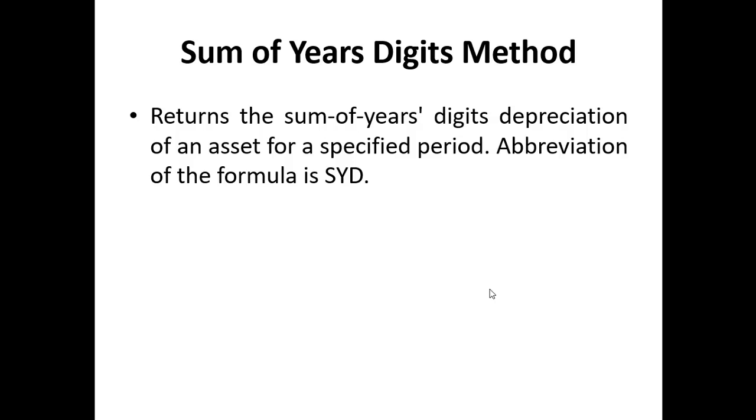However as the asset ages, the depreciation you get is going to be comparatively lower. This returns the sum of the year's digit depreciation of an asset for a specified period. The abbreviation of this formula is SYD, sum of year digit.